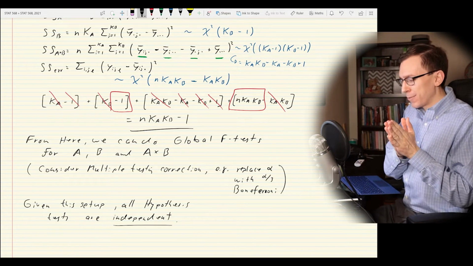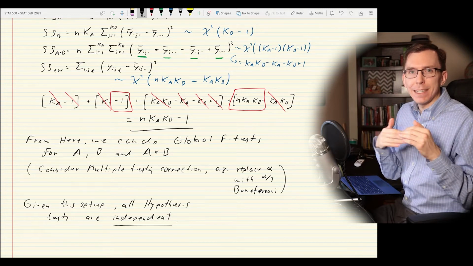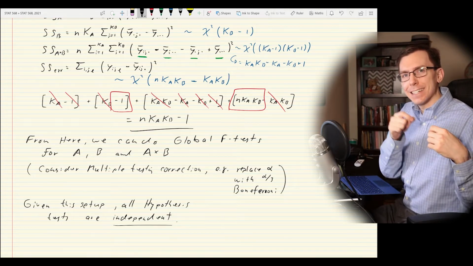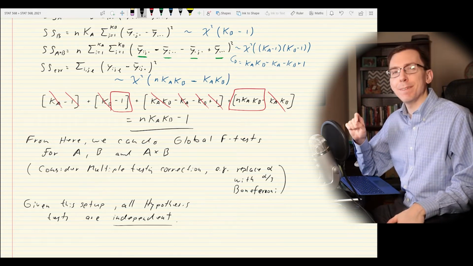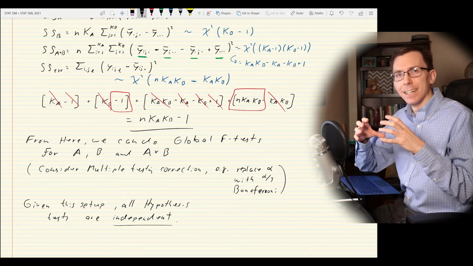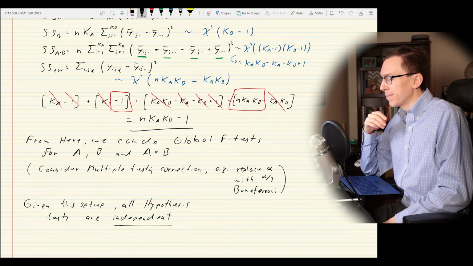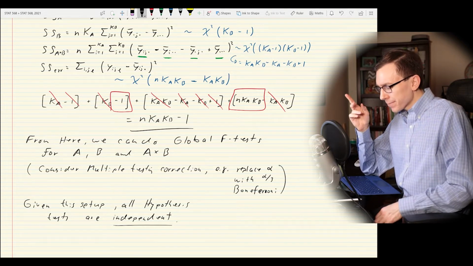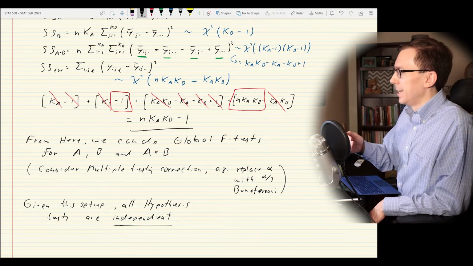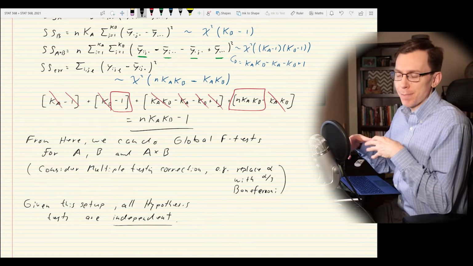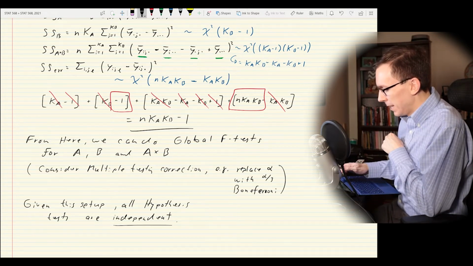We make sure that for every level of A, we test B, and for every level of B, we test A, and we test it the same number of times, in this case, N replicates. If we don't have the same number of replicates in each of the treatment categories, we're not going to have independent tests. Things will be a little bit messier. So if possible, it's always good to have the same number of observations in each treatment category, like we set up in this setting.